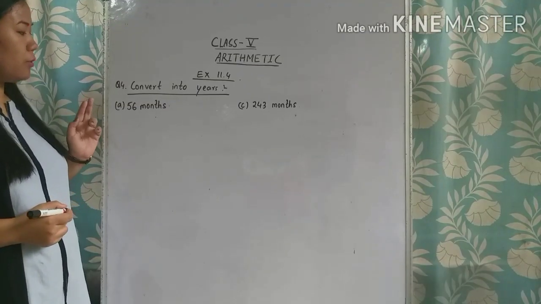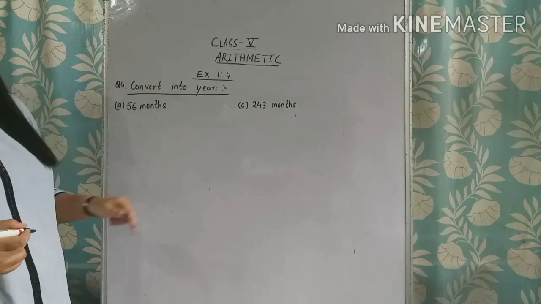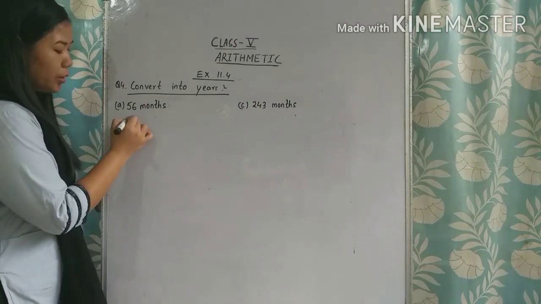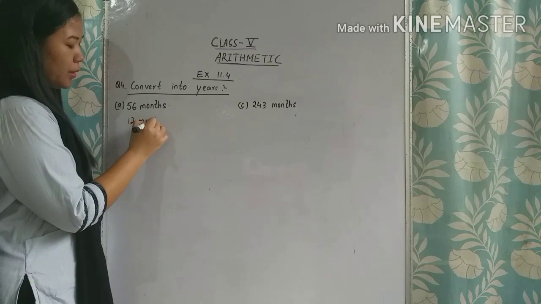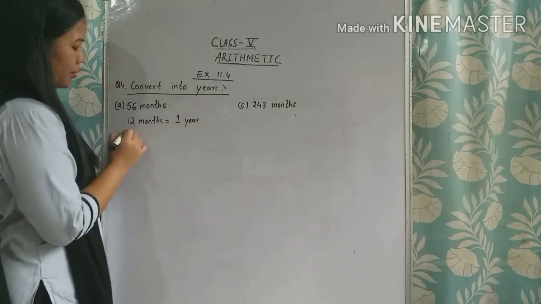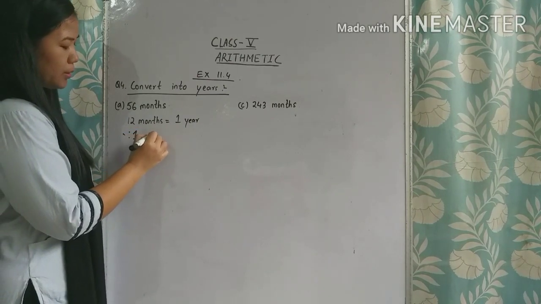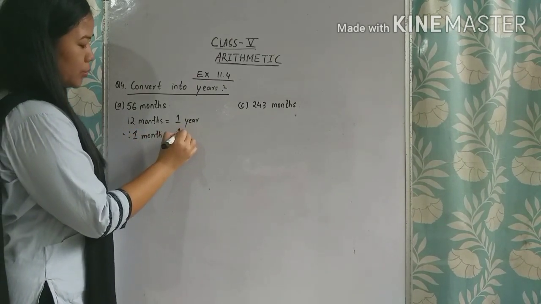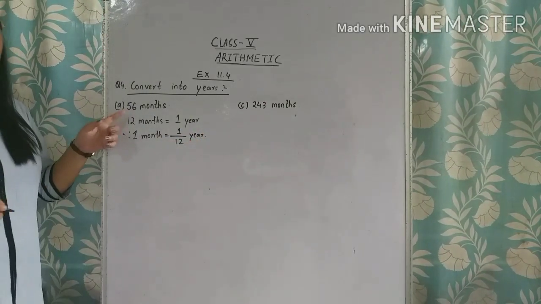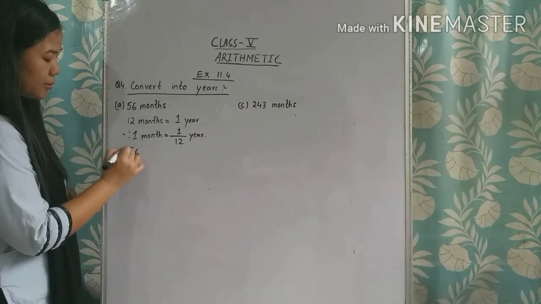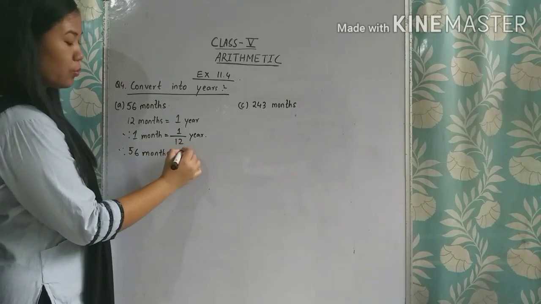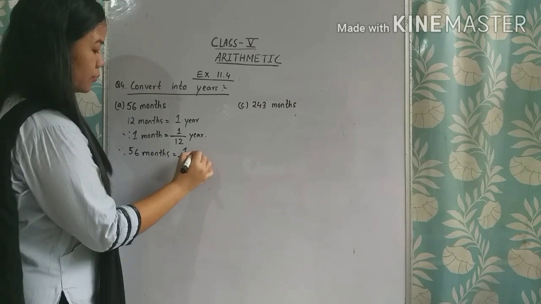Now let us solve question number 4, convert into years. The first question is 56 months. We know that 12 months is equal to 1 year. Therefore, 1 month is equal to 1 by 12 year. Now we will convert this 56 months to years by multiplying with 1 by 12.